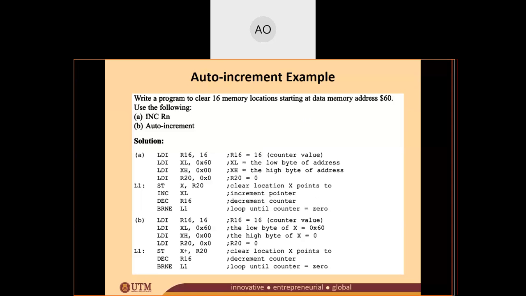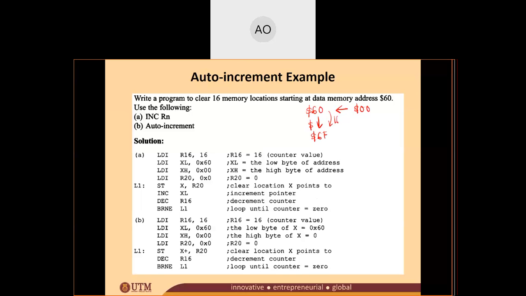So starting dekat address 60, you're going to erase, put 0, until address 6F. So this is 16 locations from 60 to 6F. First by using the indirect addressing Rn, and then second by using the auto increment.